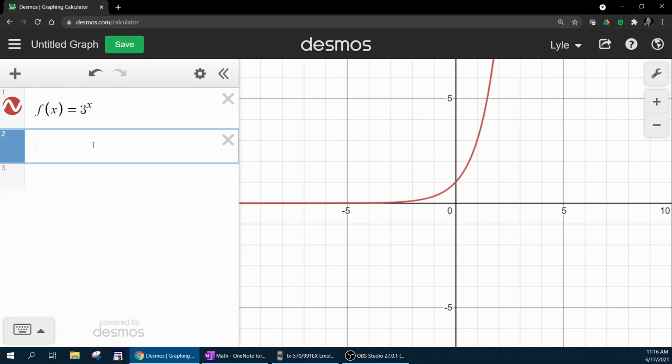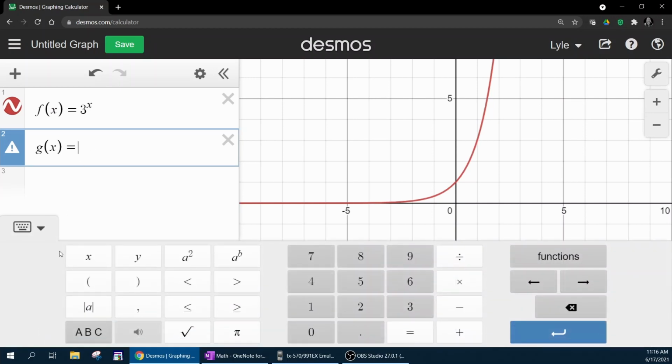Now, instead of f inverse, I'm going to call the inverse function g of x. And you can actually graph a log function in Desmos. I think you could just type in log. Yeah, log. Now for the base, I'm not sure how to do that with the keyboard. So what I'm going to do is back up and show you how to get it from here with the keyboard.